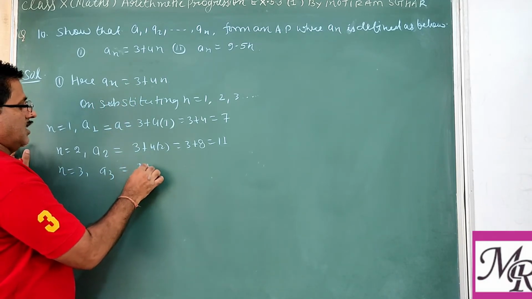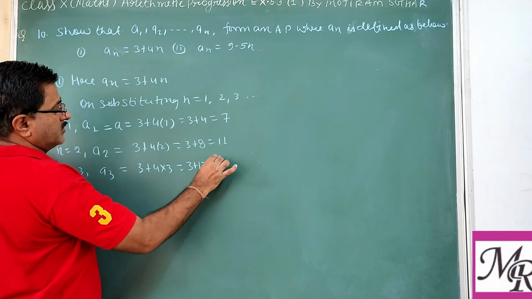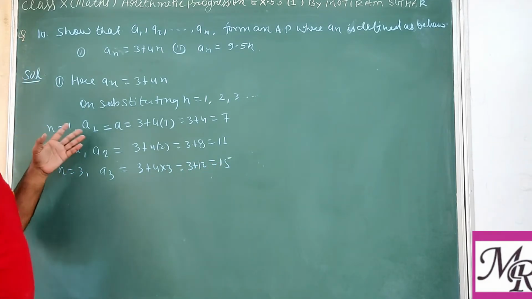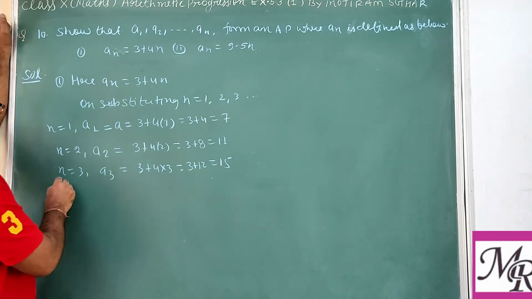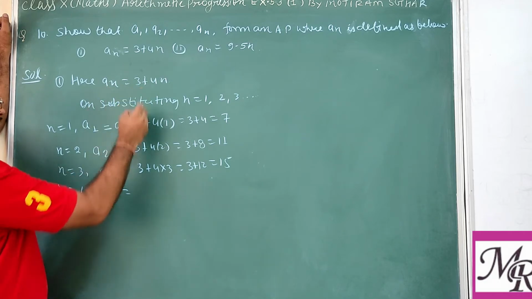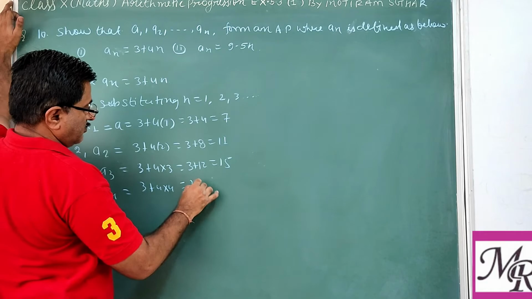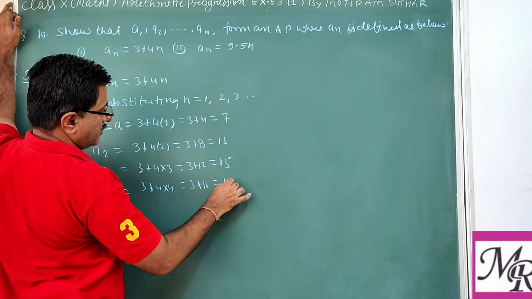So 3 plus 4 into 3, that is 3 plus 12, which is 15. So you may find at least 3 or 4 terms, that can tell you whether it is an AP or not. N equal to 4, so 3 plus 16, that is 19.